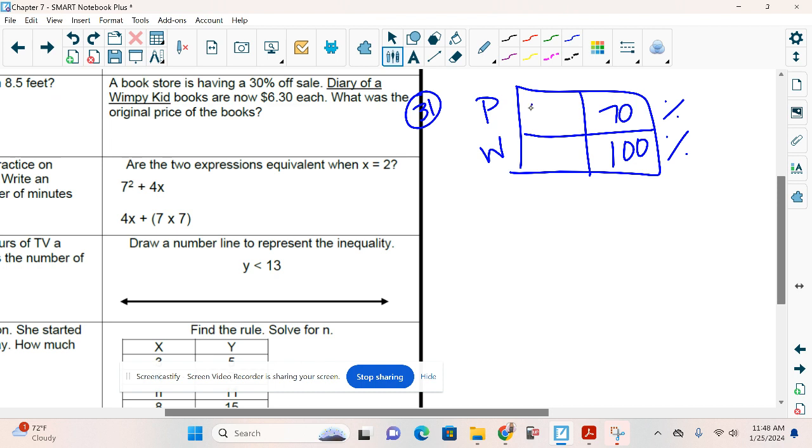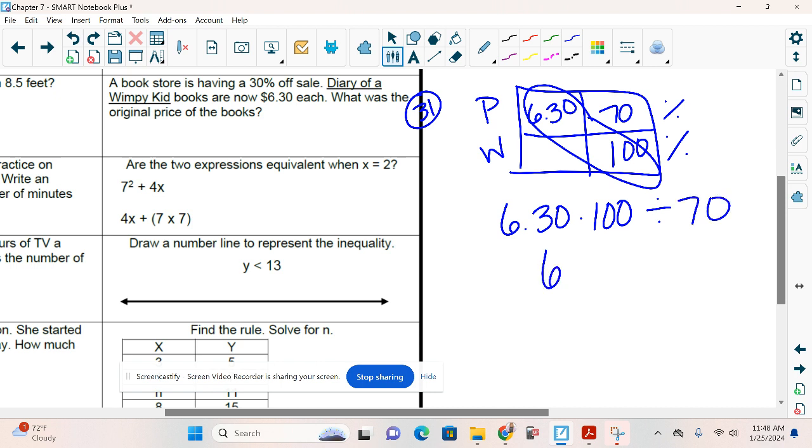And if $6.30 came off, that was the part, we want to know what was the original price. So I'd have to cross multiply and divide by 70. So I have $6.30 times 100 divided by 70.